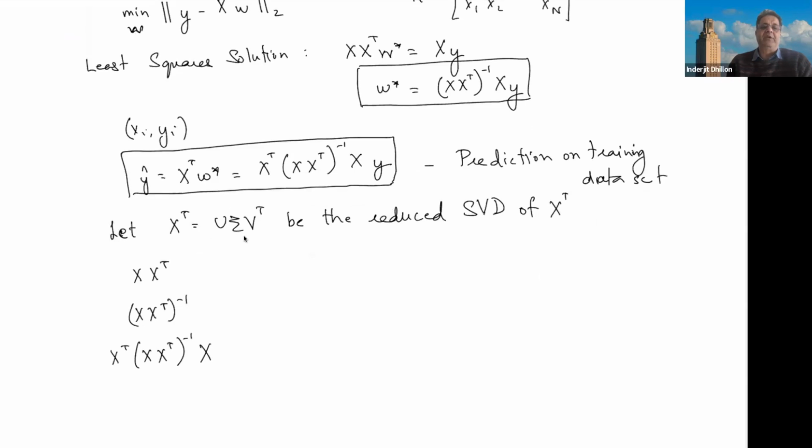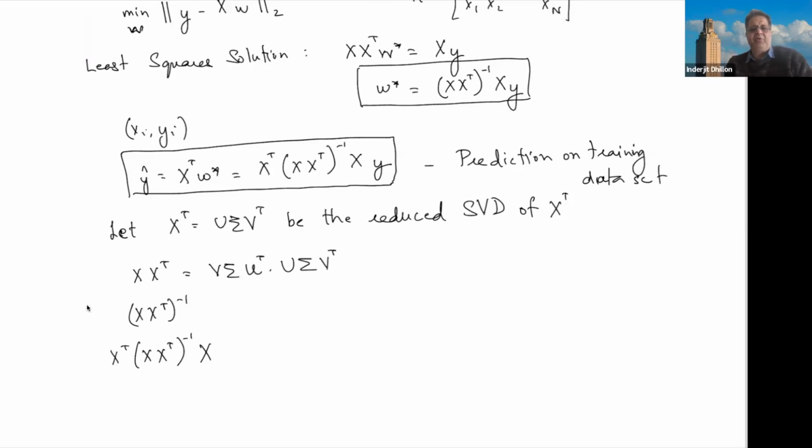Let's use the SVD to analyze this, okay? So what is XX transpose? It is equal to V sigma, remember sigma is square, U transpose times U sigma V transpose.